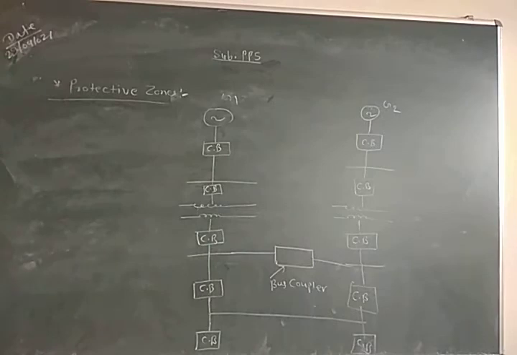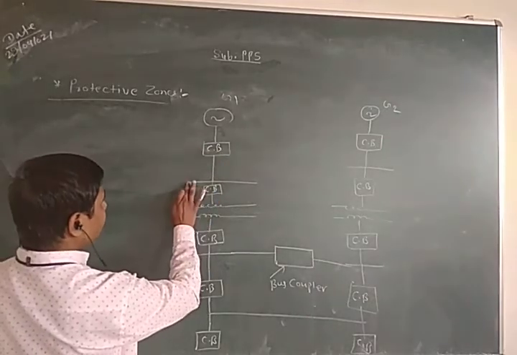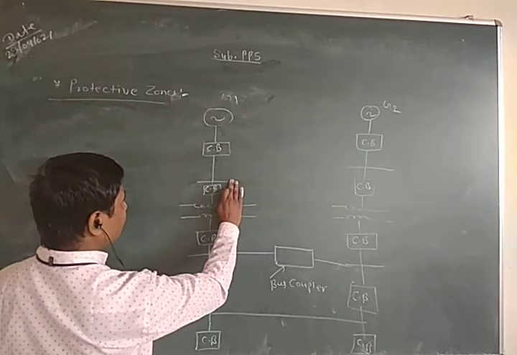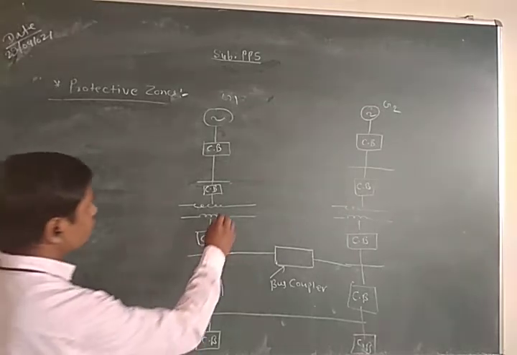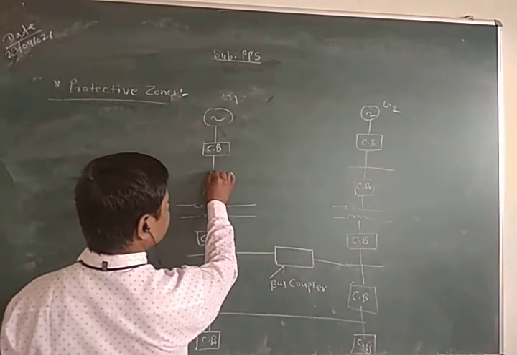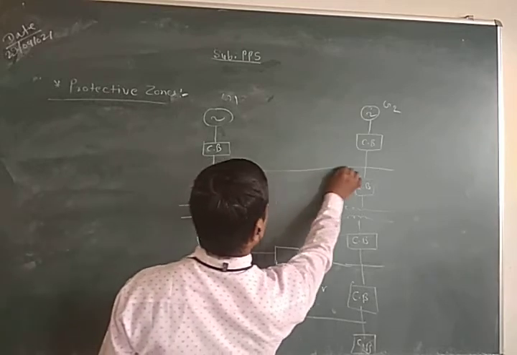Now we maintain protective zones to protect each component of the power system, and each protective zone consists of a circuit breaker and relay of that zone. This is the bus bar.